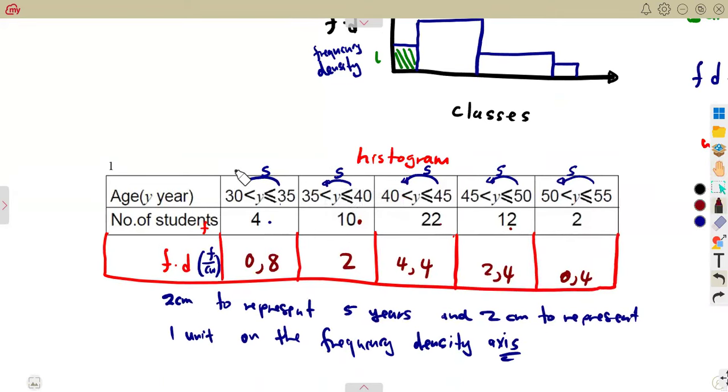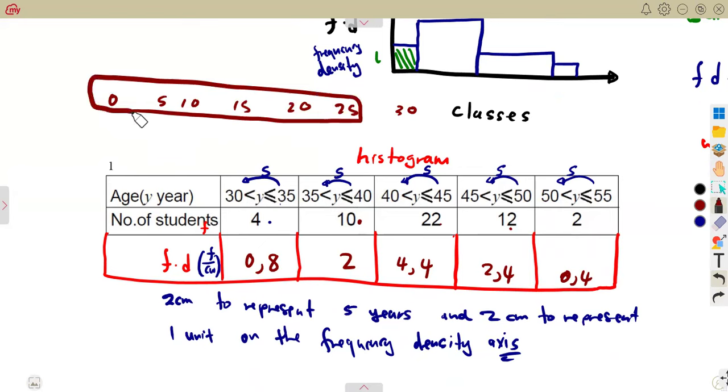If you check these ages, they are starting from 30. It was supposed to be like this: 0, then a difference of 5, so 0, 5, 10, 15. But look where the 30 is, guys. We're going to have 25, 30, meaning the whole of this part here is not considered. It's a space that is left on your graph.